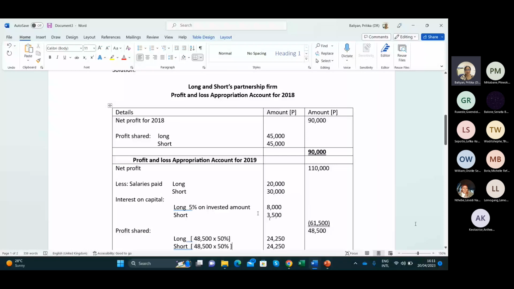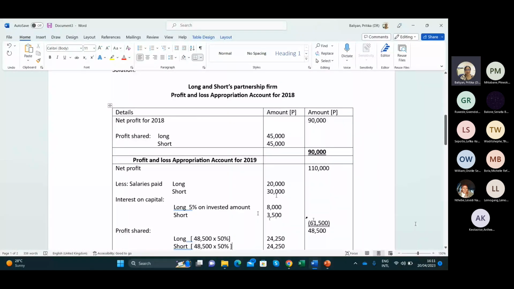So the total amount paid from the net profit so far, before sharing the profit according to the profit and loss sharing ratio: you add them, 20,000 plus 30,000 plus 8,000 plus 3,500, and it becomes 61,500.